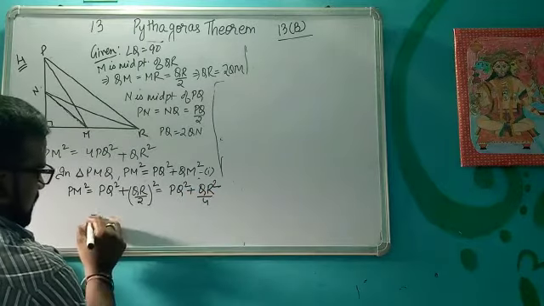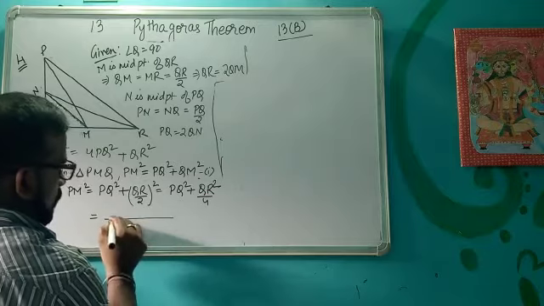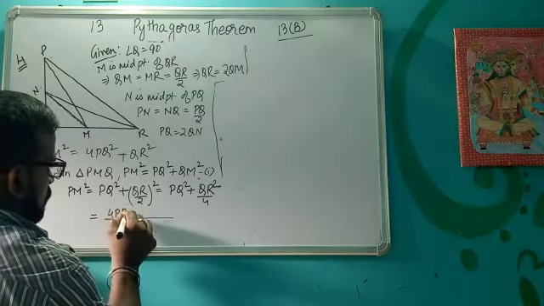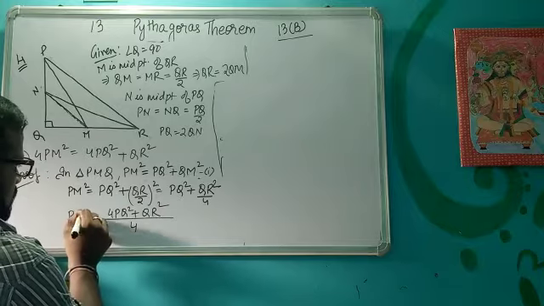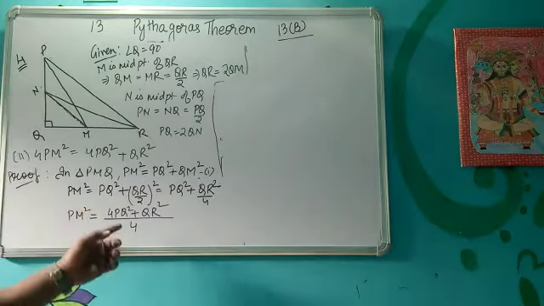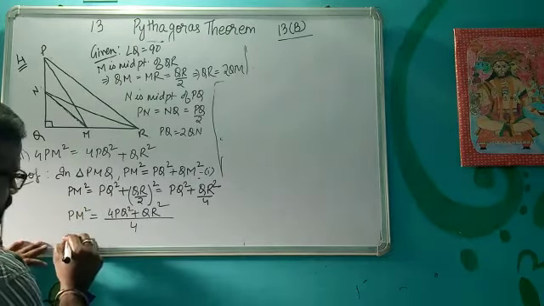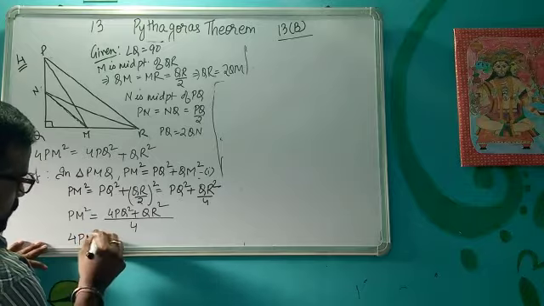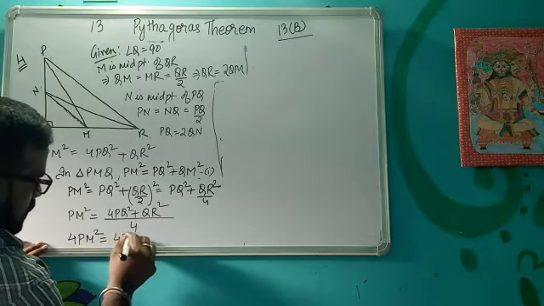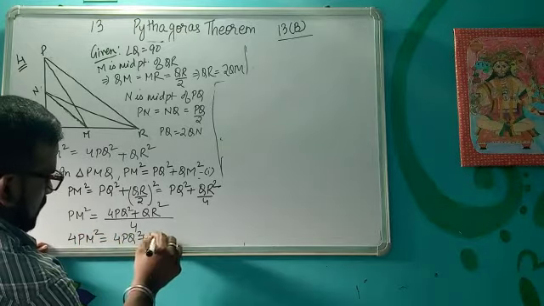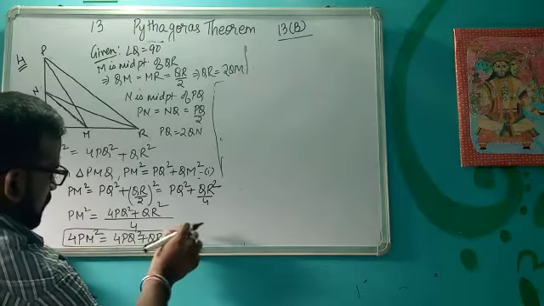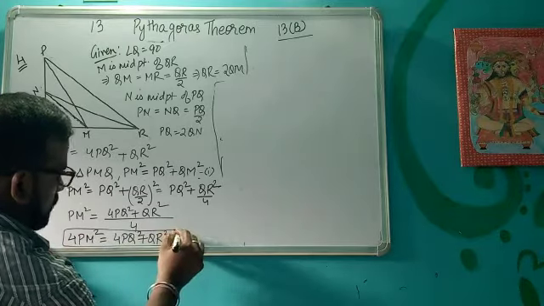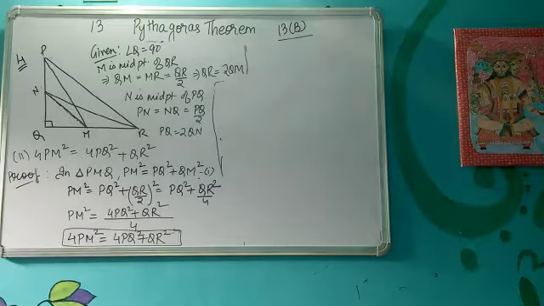Then we will take the LCM, 4 PQ square plus QR square upon 4 is PM square. Then you do the cross multiplication, so finally you get 4 PM square is equal to 4 PQ square plus QR square. Okay, so this is our second proof. Again, given things we are using.